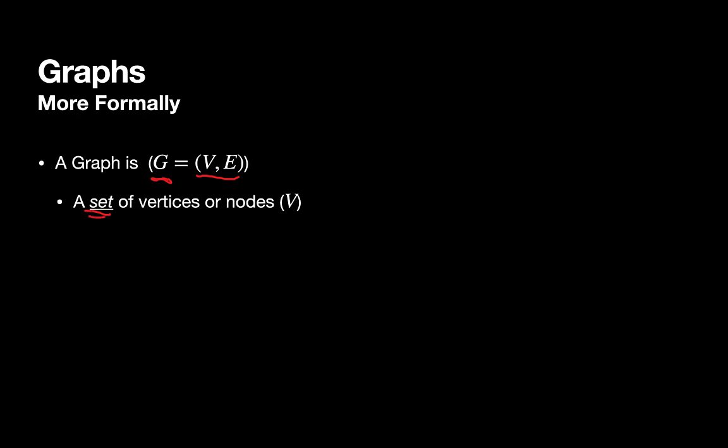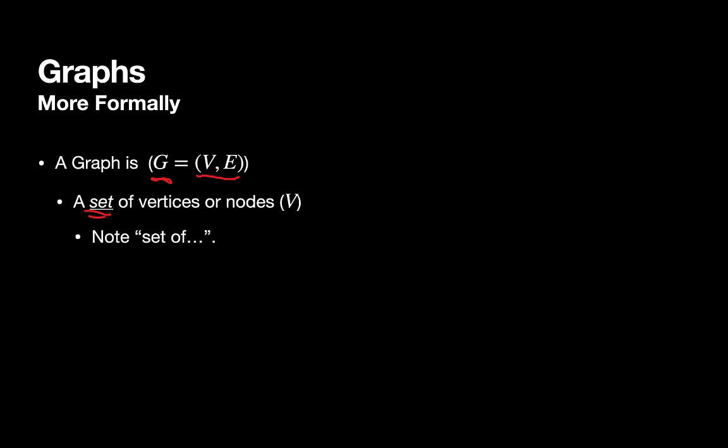We think of this in terms of the concept of a set, in that each vertex is distinct. We don't have graphs with 2 vertices that we'd consider to be exactly the same. For example, in my social network graph, if there were 2 people with the same name, we would somehow indicate they were different. Maybe if they have the same first name, we will also include last names to indicate they're distinct.